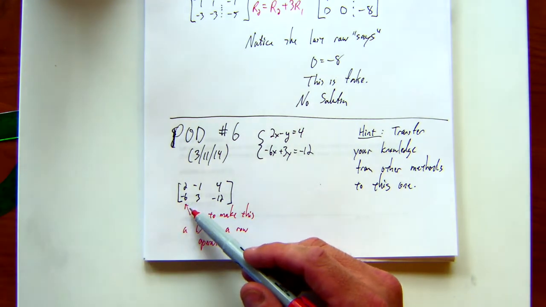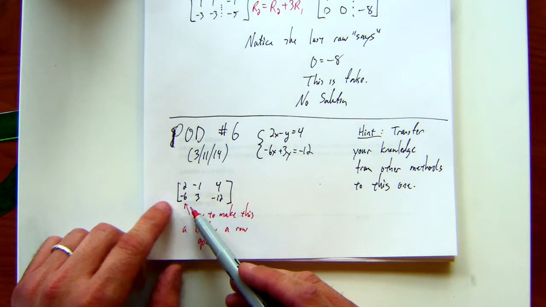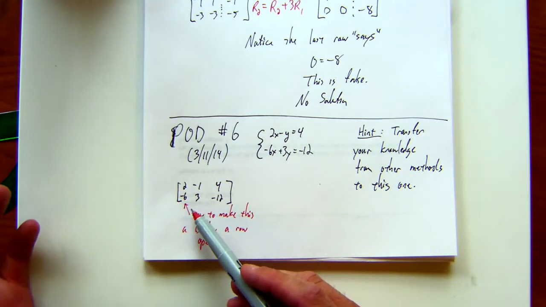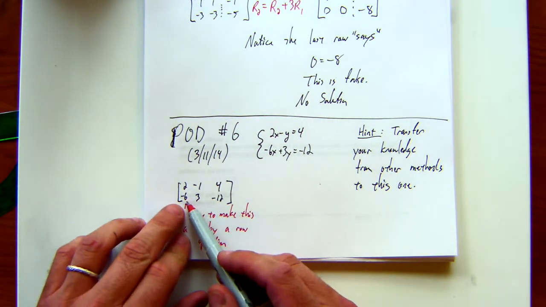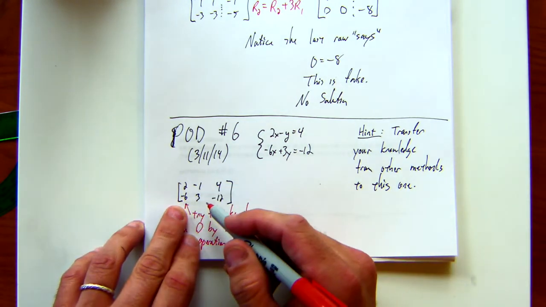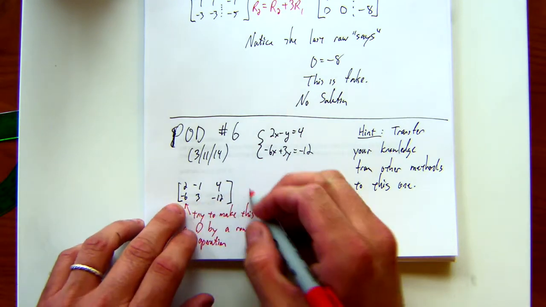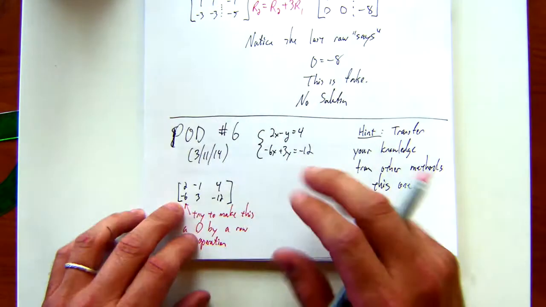Be careful. I can divide it by 6, right? But it's not going to make it a 0, it's going to make it a 1 or a -1. The only way I could make this a 0 by multiplying would be to multiply by 0. So remember, your rules say you cannot do that. So I can't use rule 2 or the operation 2.